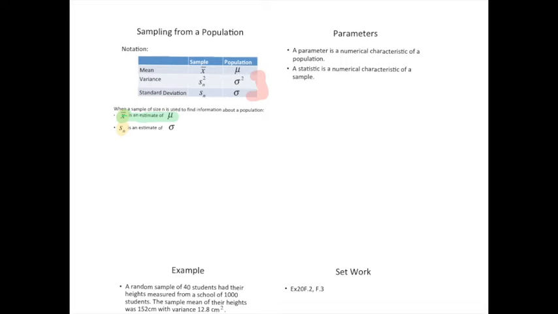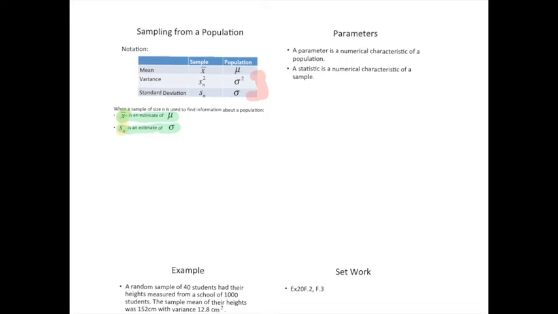It's an estimate of the population mean. It's approximately. S is an estimate of sigma. So the sample standard deviation is an estimate of the population standard deviation. So that's why generally they're close.